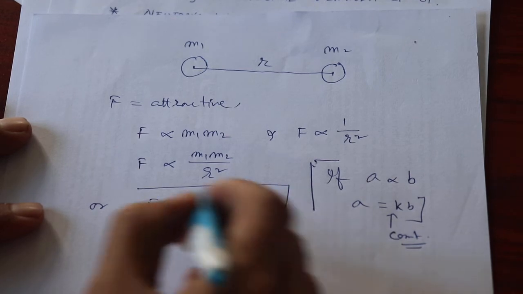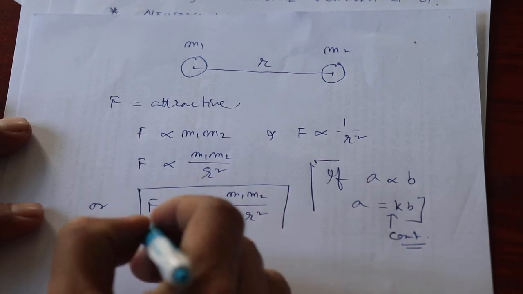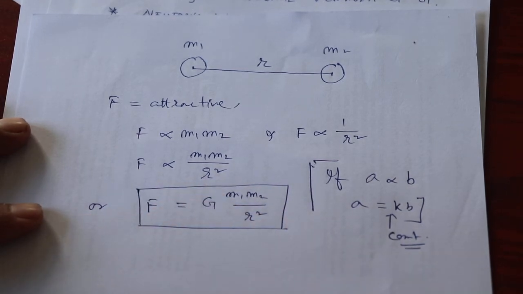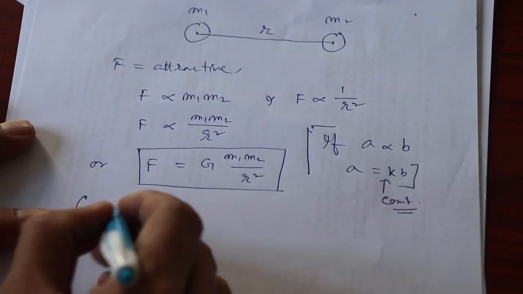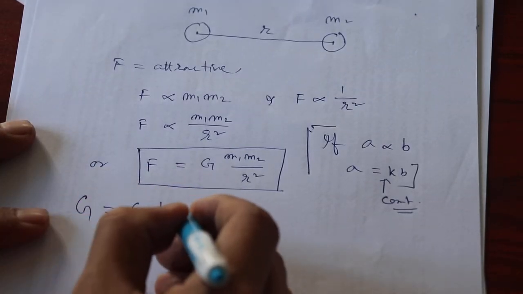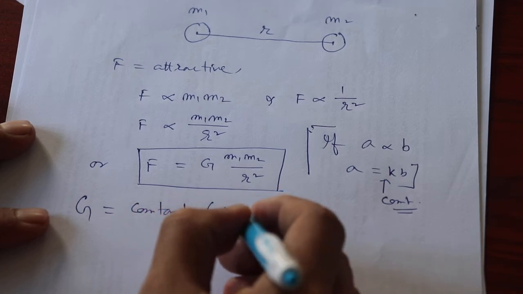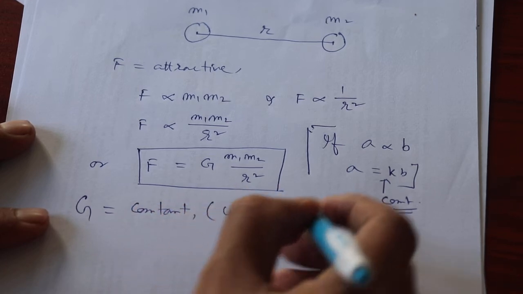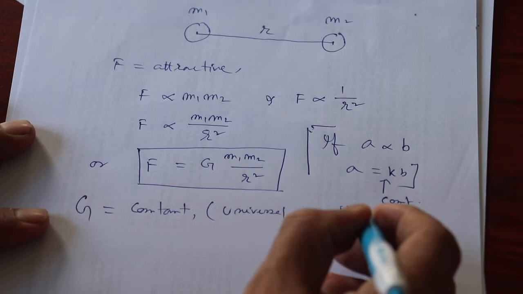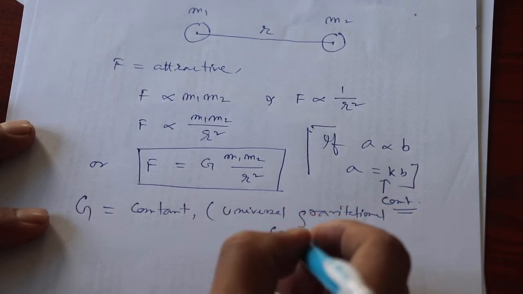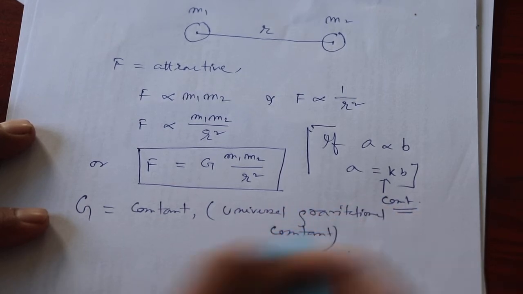Okay, so this is what we call the universal law of gravitation. All right, and this Z is a constant known as the universal gravitational constant.